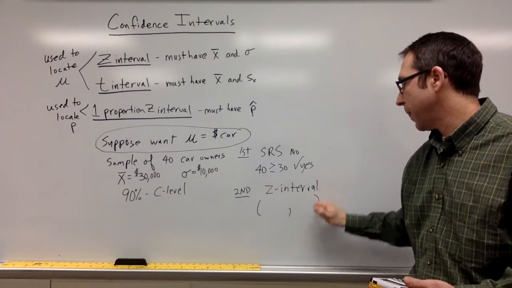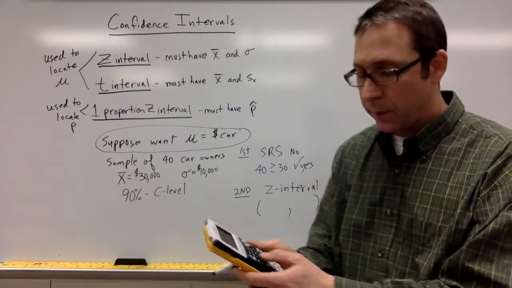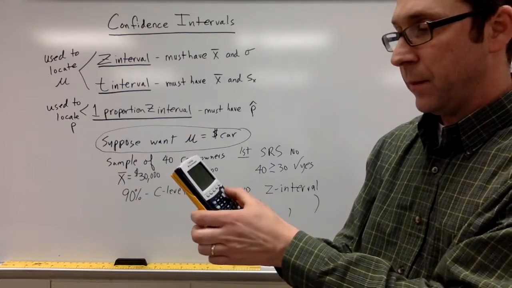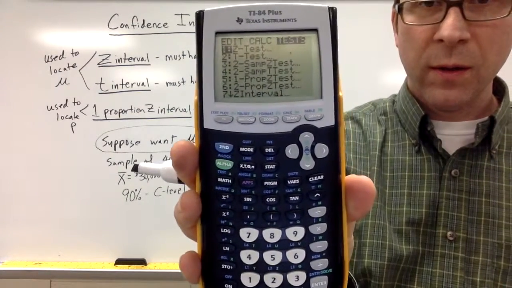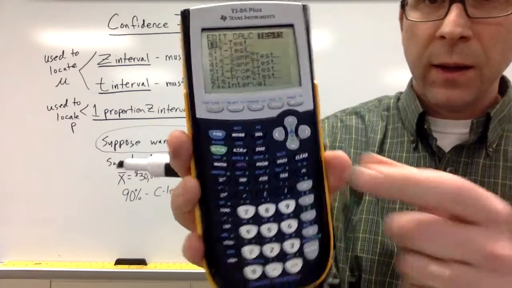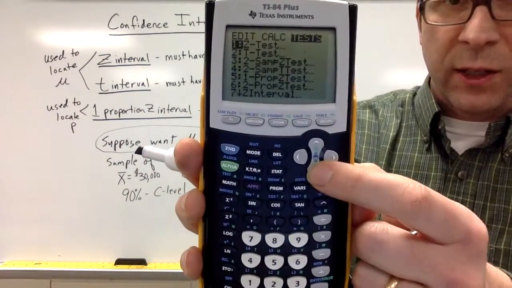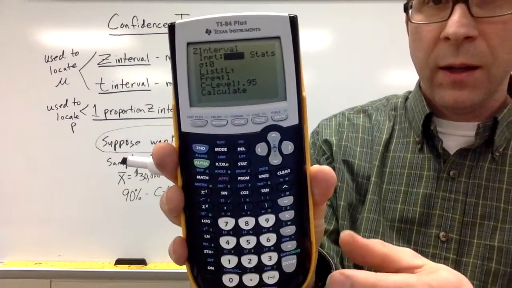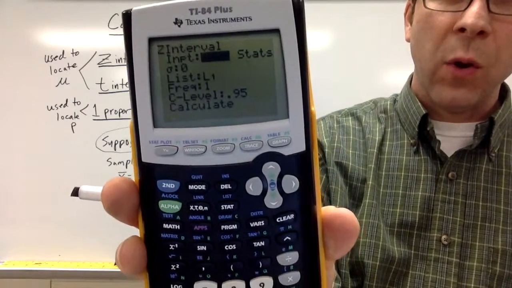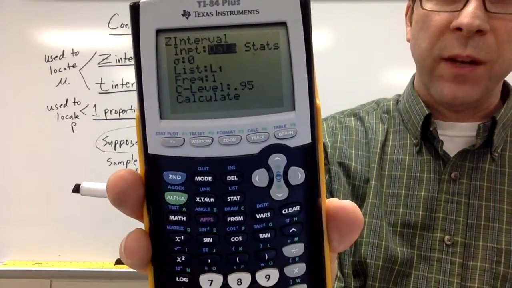So we would go to the calculator, you would press Stat, and then go to the Test menu. On the app, it's the same thing, and you can actually see it's there down at choice number 7. By selecting that, it gives you some options about how you want to input the information.